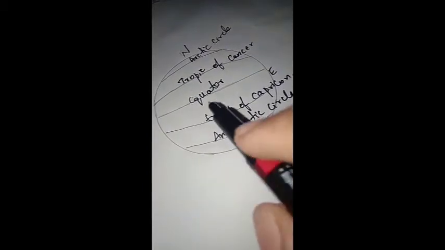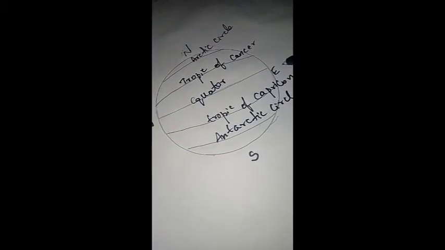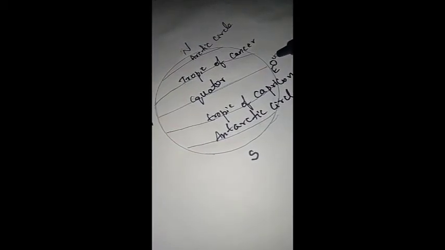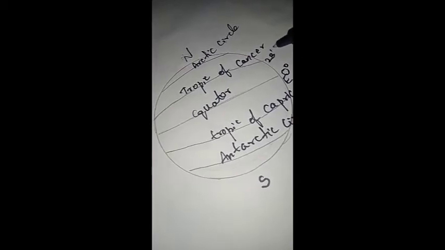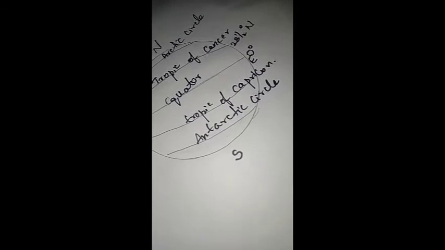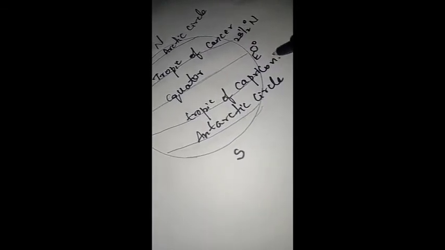Now here the equator lies at 0 degrees and the Tropic of Cancer lies at 23.5 degrees north, and the Tropic of Capricorn lies at 23.5 degrees south.